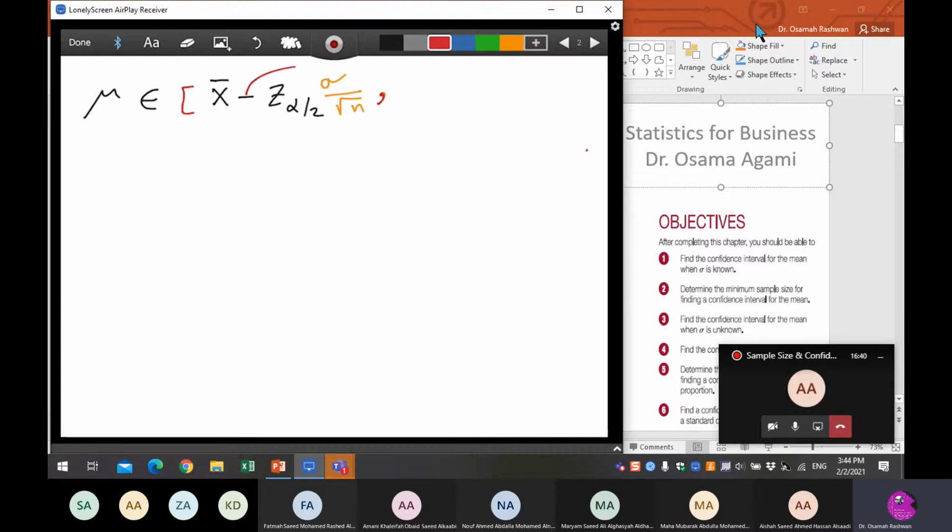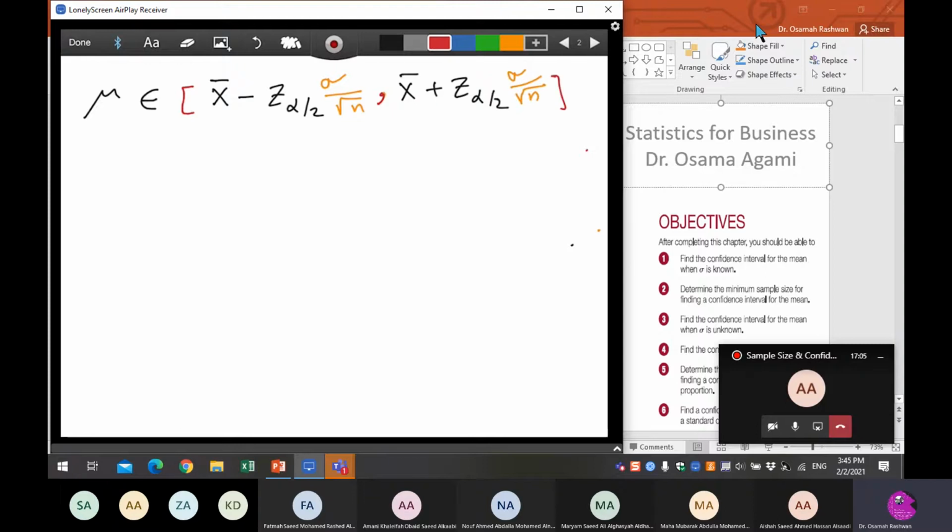It is the same, but you change this one into positive. So you have x bar plus z alpha over 2 times sigma over root n.